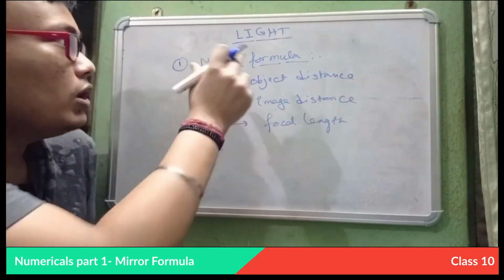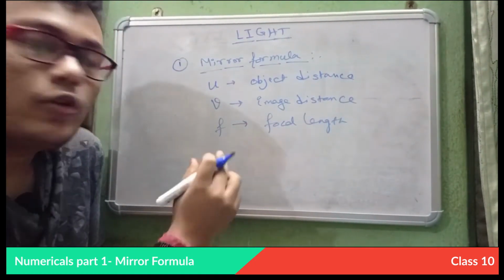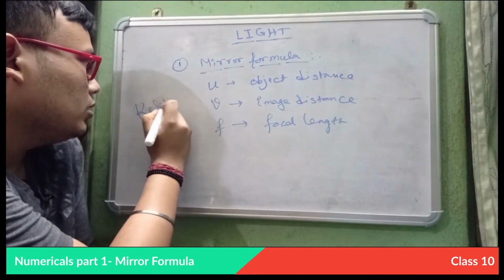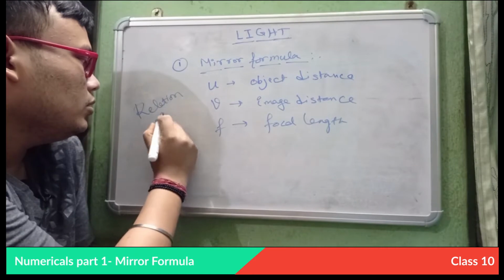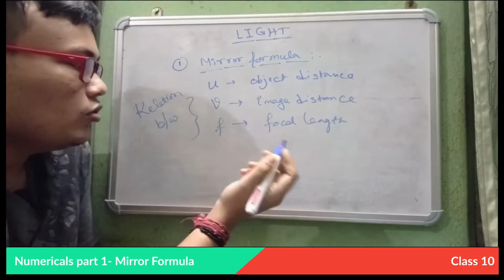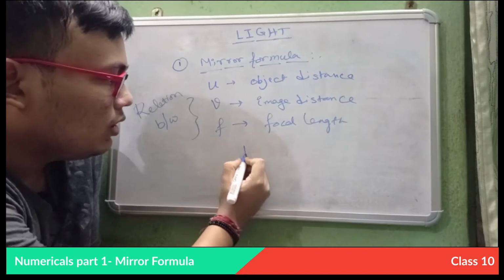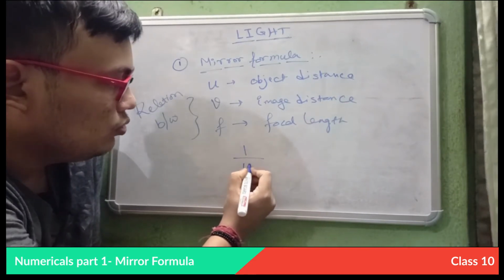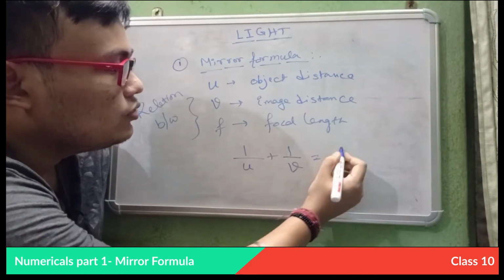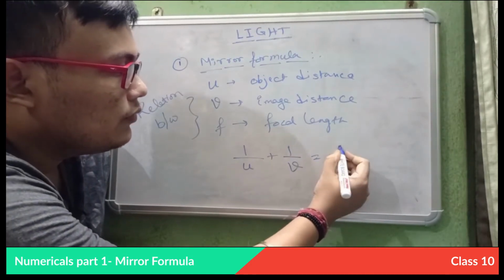Okay, so what does the mirror formula say? The mirror formula gives us the relation between these three parameters. It says that 1 by u plus 1 by v equals 1 by f.